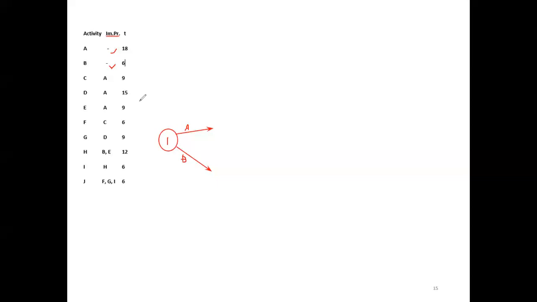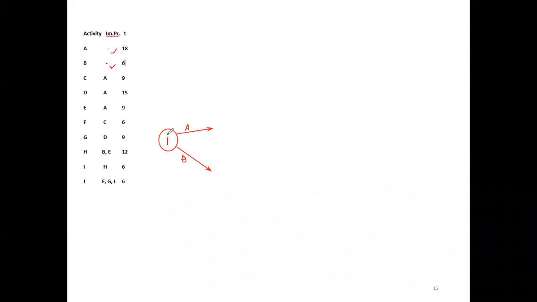If rewriting is difficult, please consider that it will consume time. First, these are the activities of the project. Now we have to follow the immediate predecessor activity. For A and B, there is no immediate predecessor.